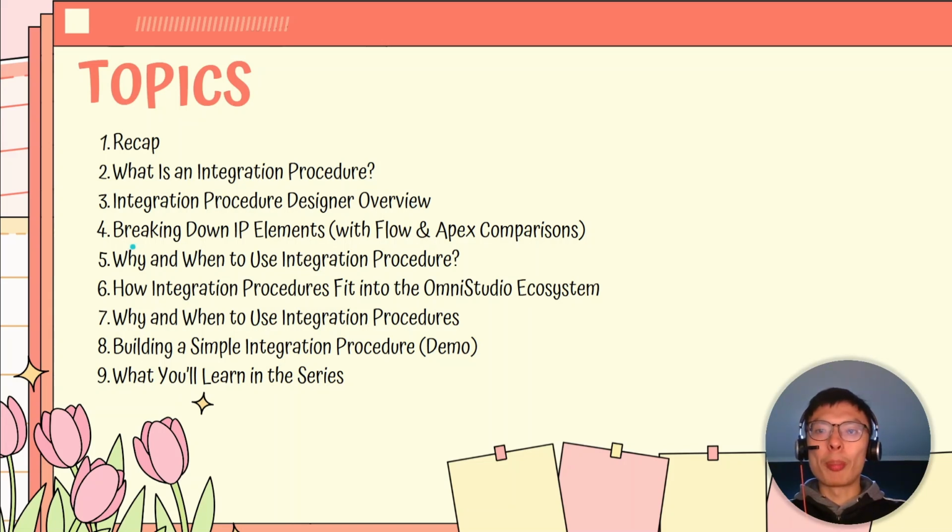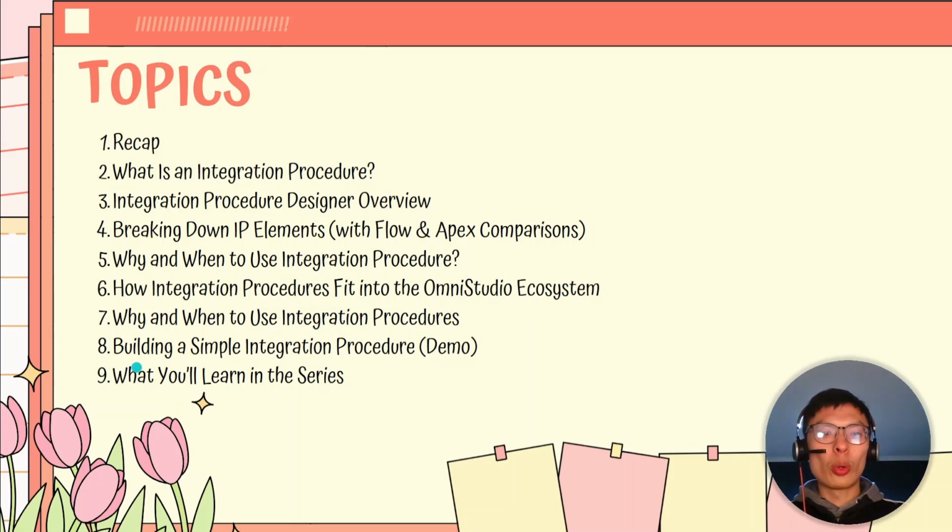After that, we'll break down the key elements inside an integration procedure, and I'll show you how each one relates to familiar tools like Flow and Apex, so you can learn faster by building on what you already know. Once you understand the building blocks, I'll show you how integration procedures fit into the broader OmniStudio ecosystem, including how they connect with OmniScripts, FlexCards, datamappers, and more.